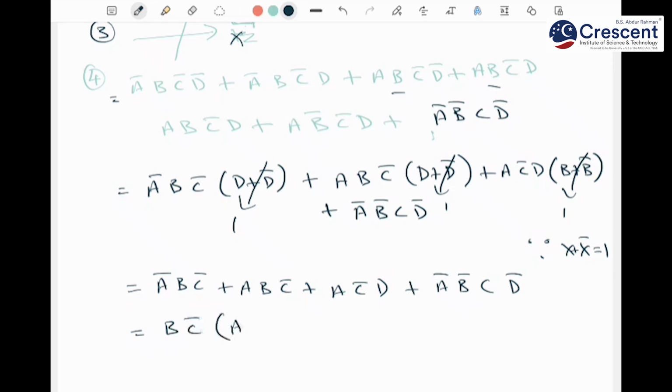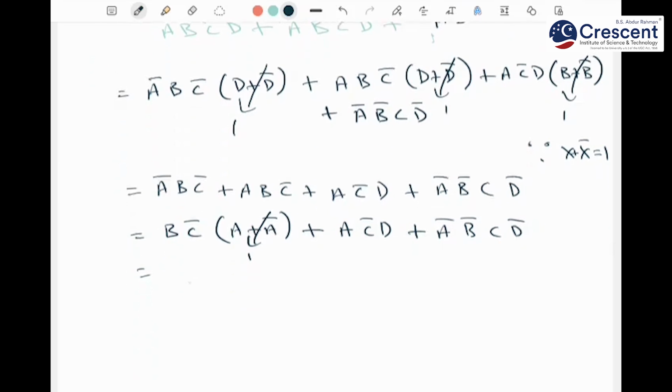You can write it as A plus A bar, plus A, C bar, D plus A bar, B bar, C, D bar. Again, you know the same formula, convert this to 1. So the final reduced answer will be B, C bar plus A, C bar, D plus A bar, B bar, C, D bar. So this will be your final answer.